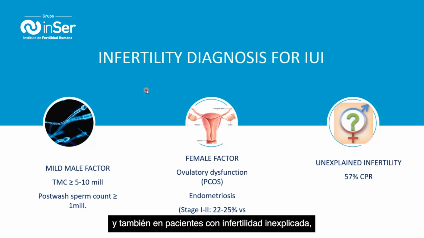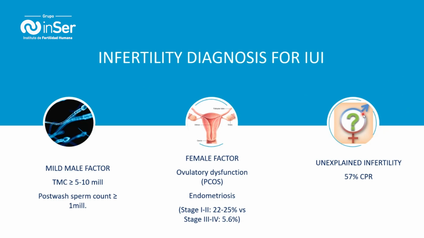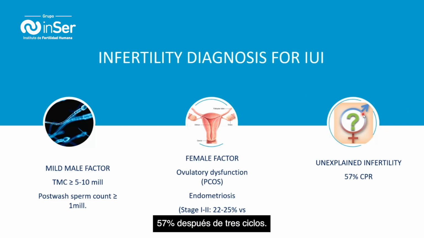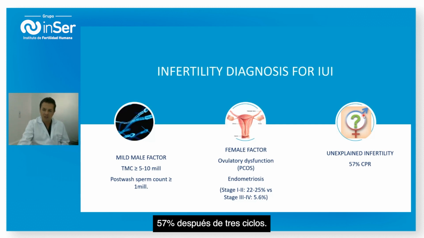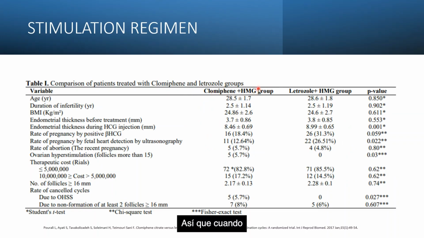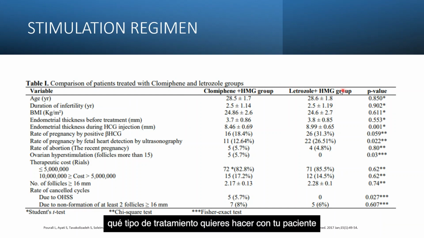And also in patients with unexplained infertility, where the cumulative pregnancy rate is around 57% after 3 cycles.